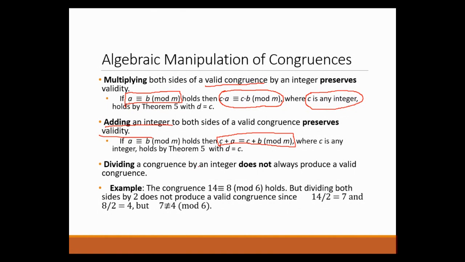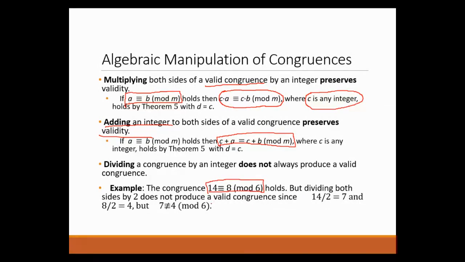Now, if we are dividing by a value on both sides, then it's not necessary that the congruence will be maintained. If you look at this example, 14 is congruent to 8 mod 6, which is a valid congruence.